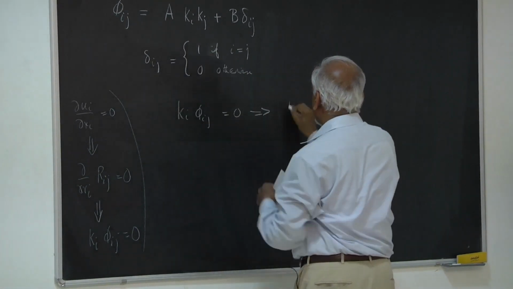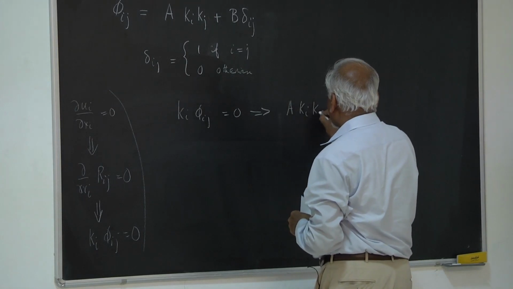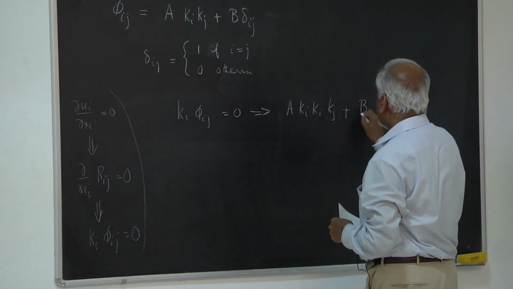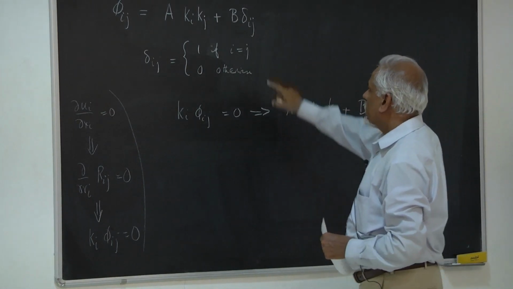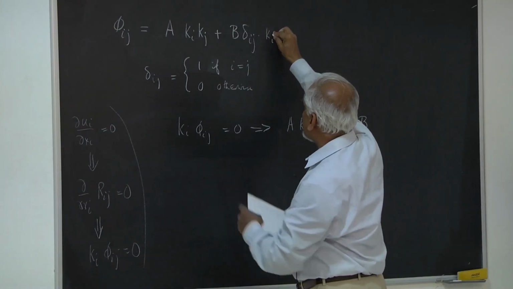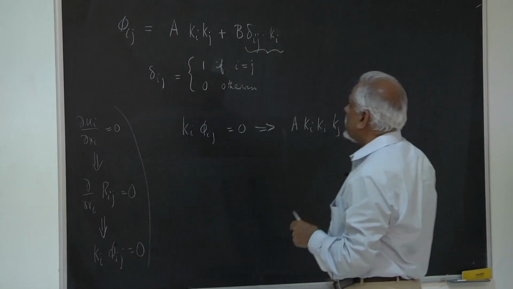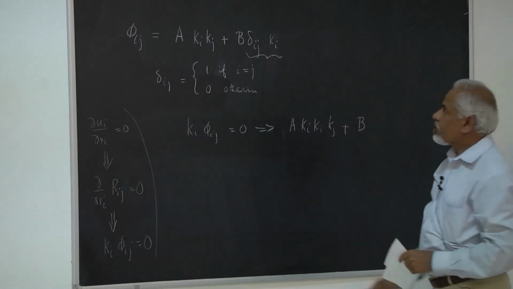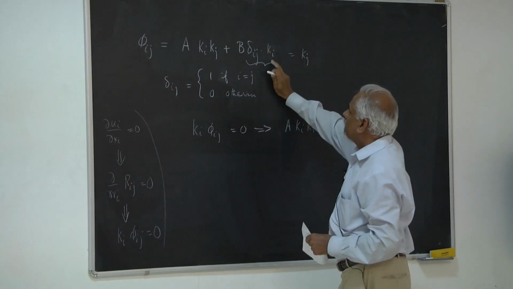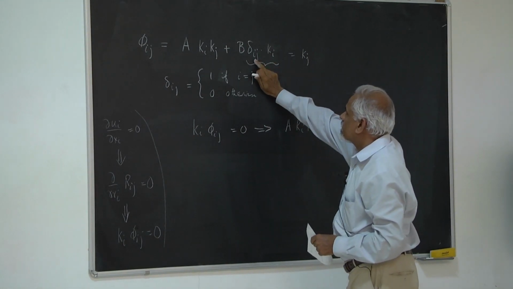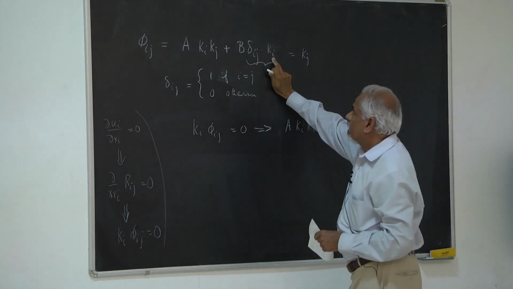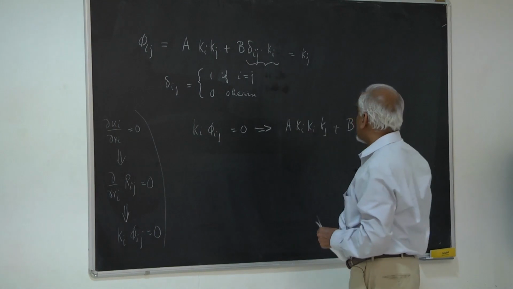This implies that I have a Ki Kj plus b delta ij, now multiplying by Ki, right? That's what I'm doing. So what is Ki delta ij? It's equal to Kj. You see, because delta ij will assume 0 values unless i equals j, and therefore this product is simply Kj.